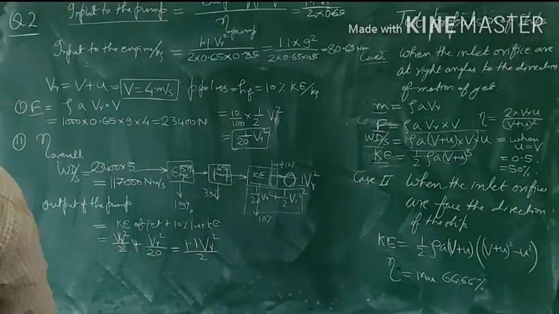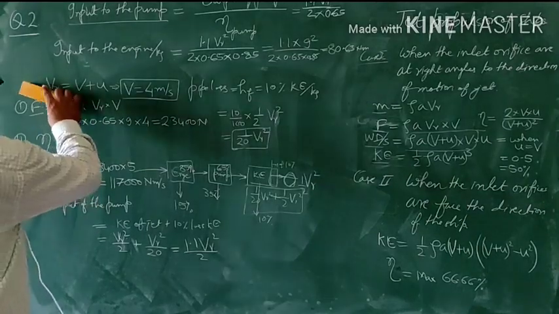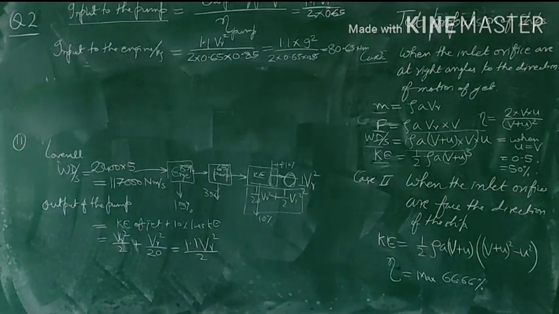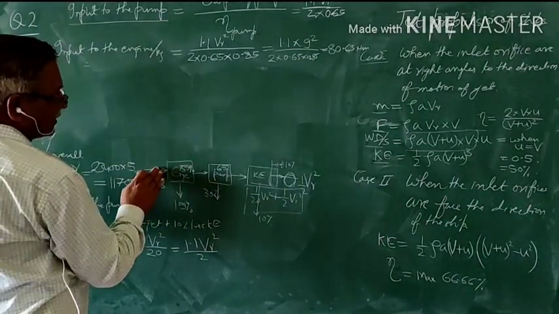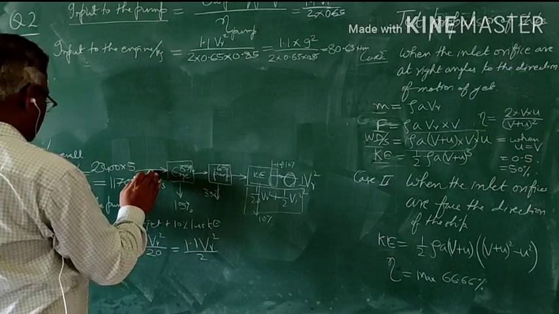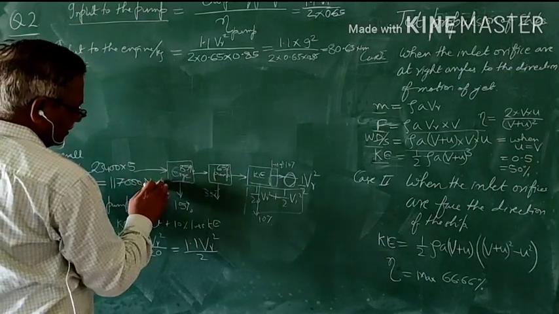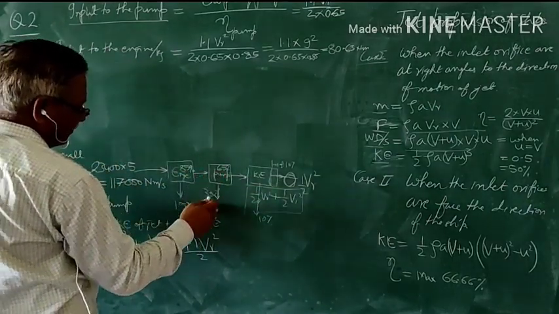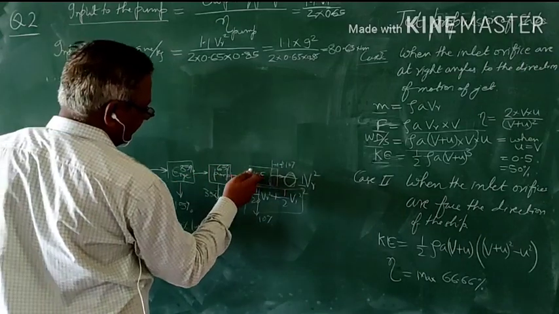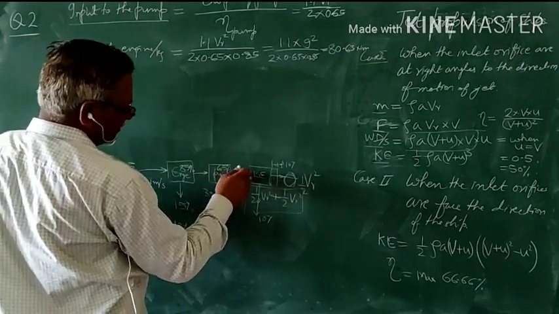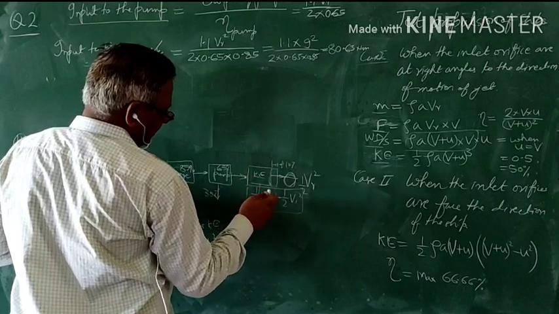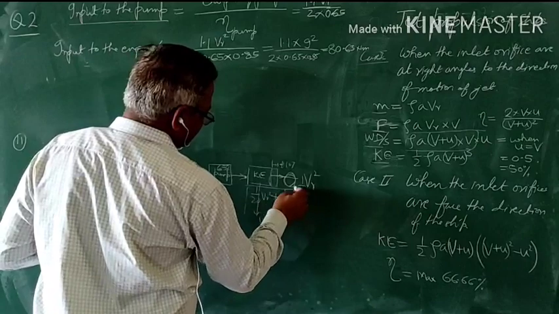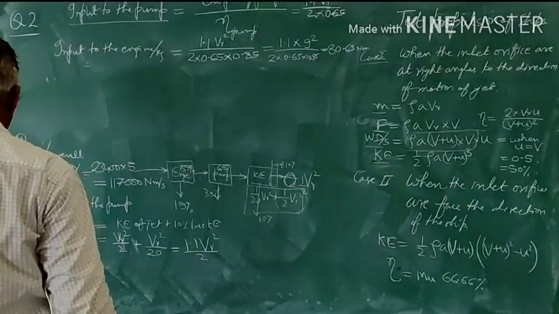So this is the input to the engine per kg of water. That means if we supply here 80.63 Newton meter of energy, 15% will be lost, the balance will be supplied to the pump, then the pump will lose 35%, it will supply the remaining to the jet, and when the jet is coming out, during that process it will lose 10% as frictional loss, then we will get this much as the output from the jet.